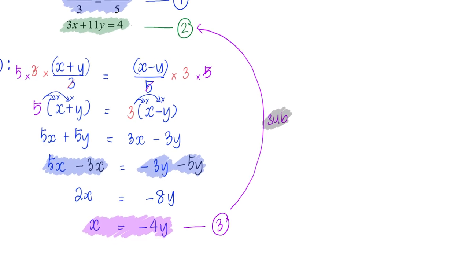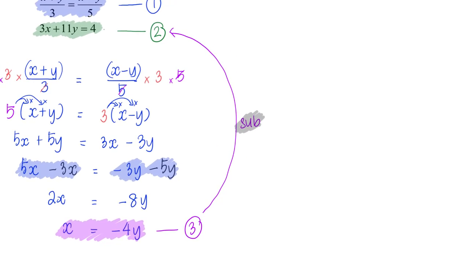Then I'm going to write it down at the side. Substitute equation 3 into equation 2. So my equation 2 is 3x plus 11y equals 4, right? But I no longer write it as x.